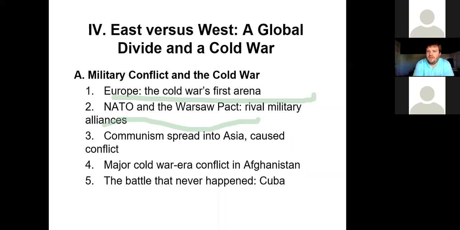There was the creation of military alliances. NATO would be on one side, with the Americans essentially controlling that sphere. That's the North Atlantic Treaty Organization. And then you have the Warsaw Pact, which is going to be all of the Soviet countries. This is going to comprise Ukraine, Poland, East Germany, as well as the USSR.